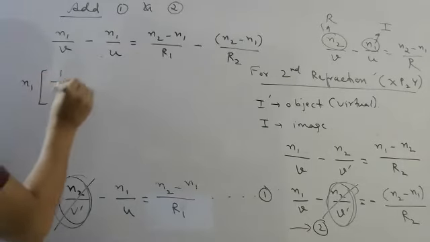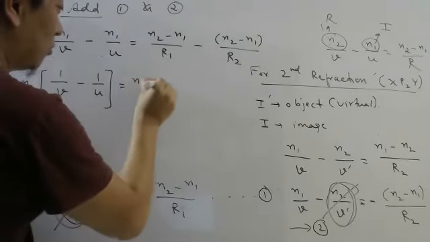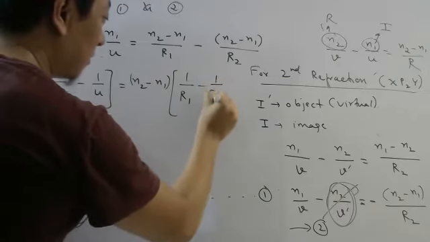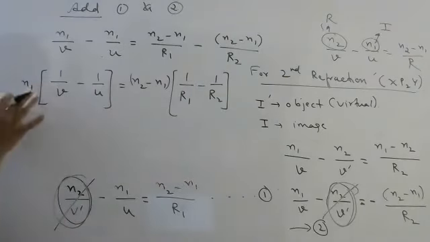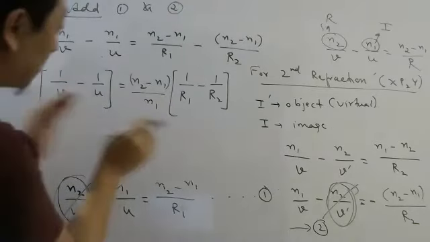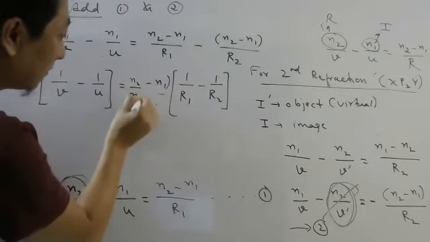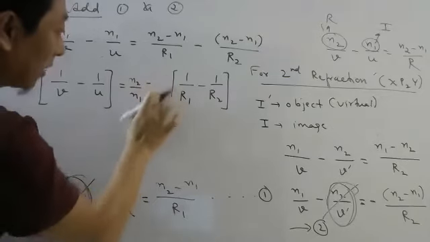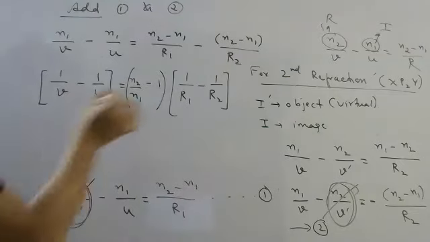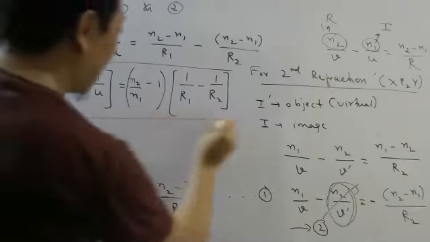So 1 by V minus 1 by U equals to, here you can take common N2 minus N1, times 1 by R1 minus 1 by R2. Then you divide by N1. After you cross multiply, N2 by N1 you can write N2 by N1, and N1 by N1 you can write 1. Here only I'm doing simplification, but in exam you have to do stepwise. So this much you have reached.